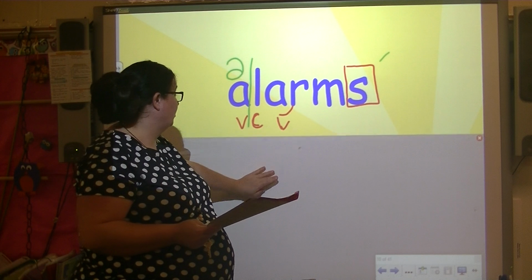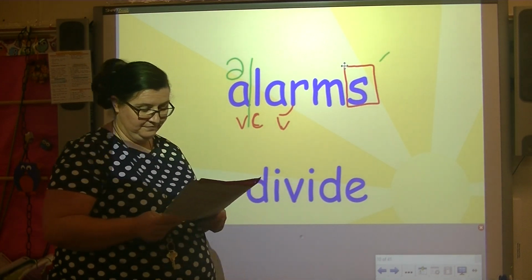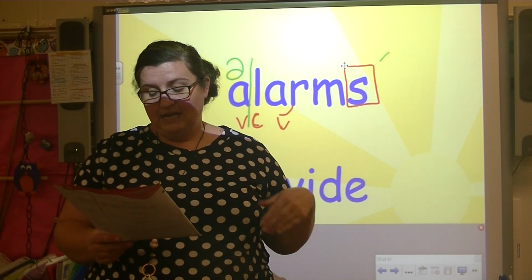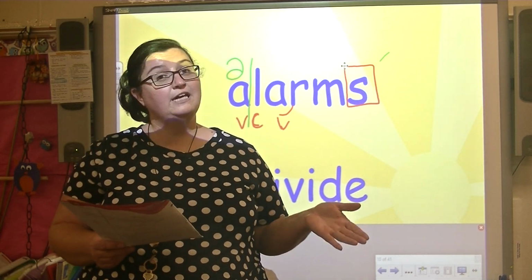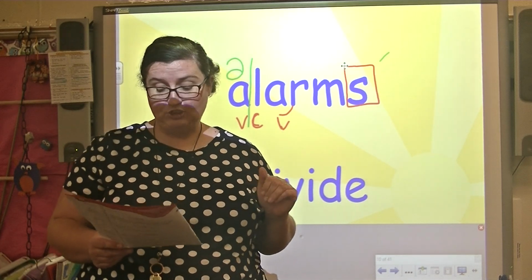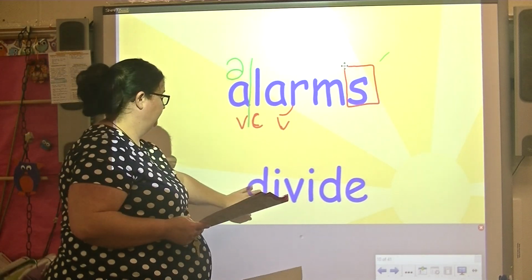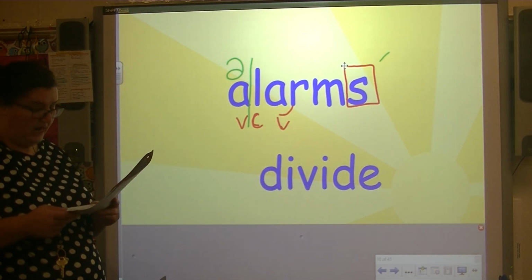Now, there is another letter that does that as well. And it is the letter I. The letter I in an open, unaccented syllable usually can make the short vowel sound, or sometimes it will make the schwa sound. So, let's look at this word.